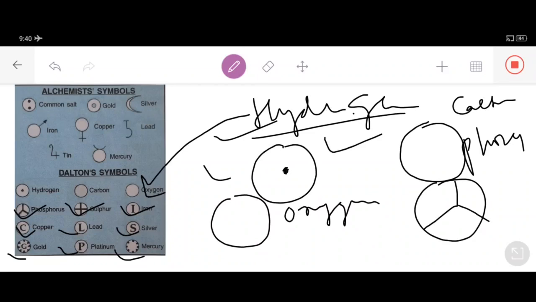So you are not required to memorize Dalton symbols nowadays, because IUPAC approves names of elements. So this was the symbol for hydrogen, carbon, oxygen, phosphorus, sulfur, iron, copper, lead, silver, gold, platinum, and mercury, dear students. This was all about the symbols.